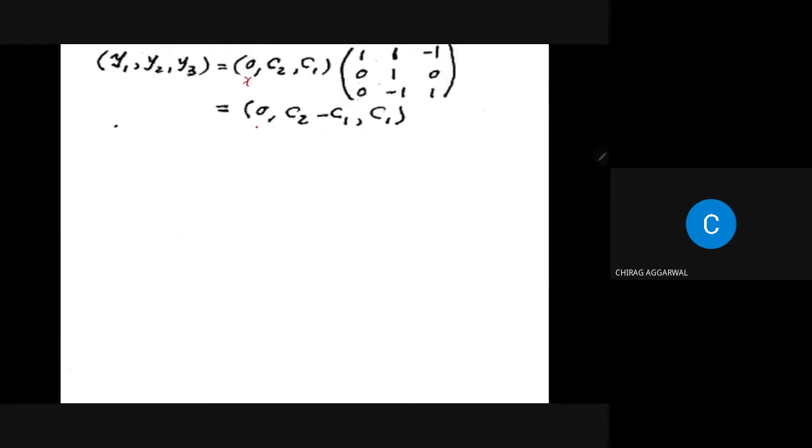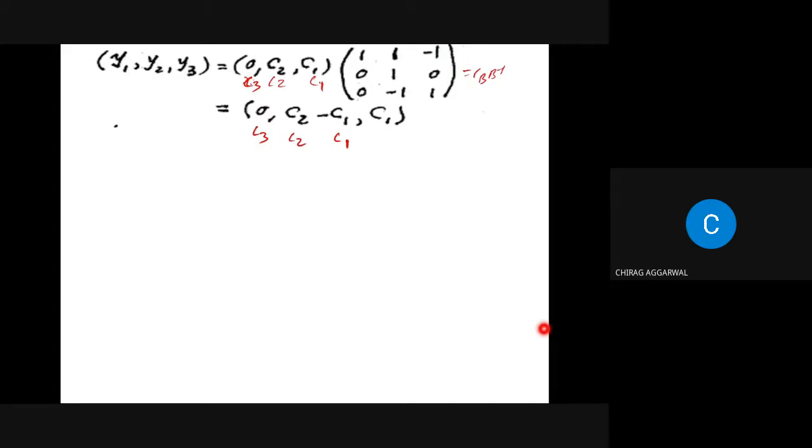So it is the c3 c2 c1. C1 means it is the CB B inverse, so B inverse is this one. So that is 0 C2 C1, because C2 C1 are unknown. So we have computed this.